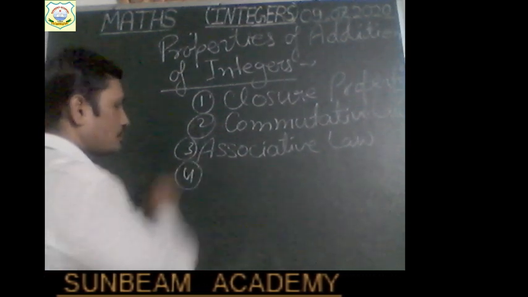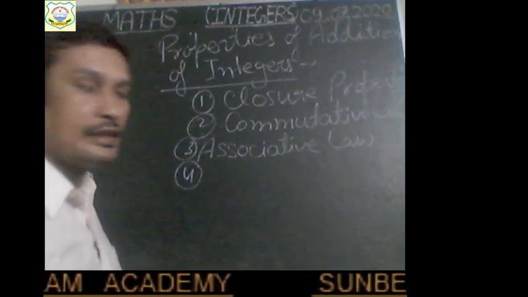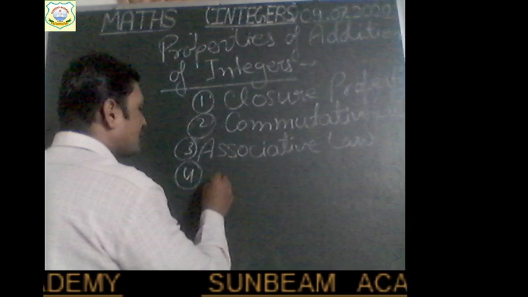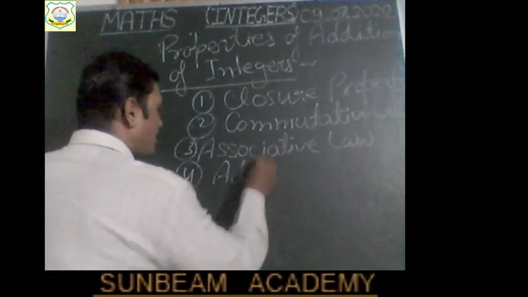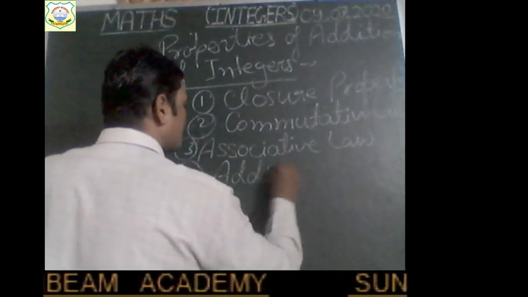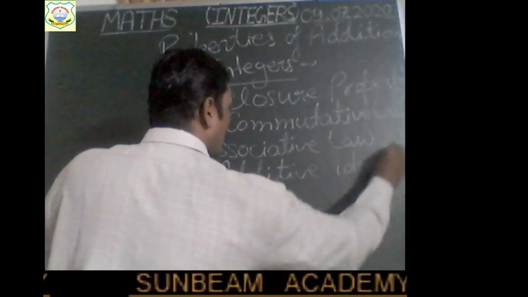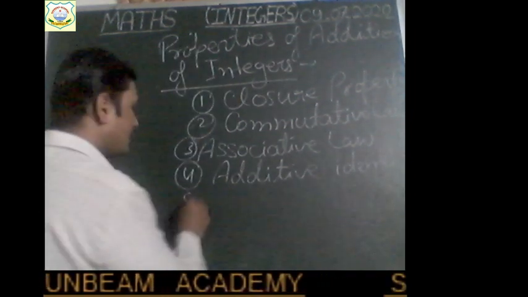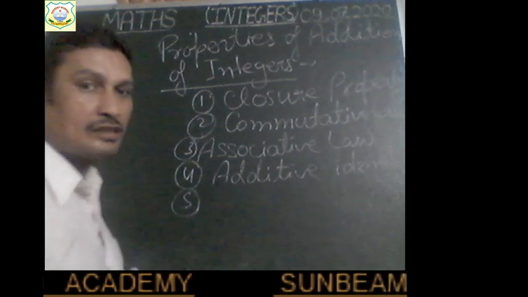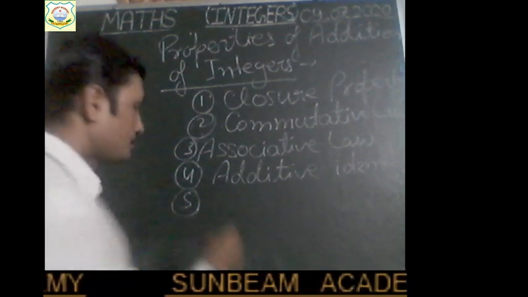the fourth one is the additive identity, and in the fifth property we will discuss the additive inverse.